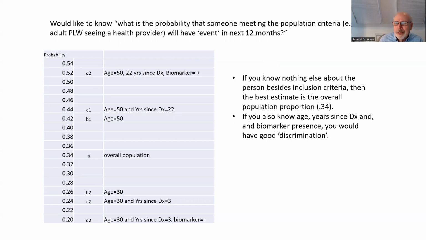And you said, well, let's just take everyone in the sample for C1 who's age 50, and it's been 22 years since they were diagnosed with HIV. And perhaps this is what you'd find, that their risk is 44%. So we're not at any kind of modeling stage. This is just one way of thinking about prediction models and the concept of discrimination versus calibration, which I'll be talking about a little bit soon.